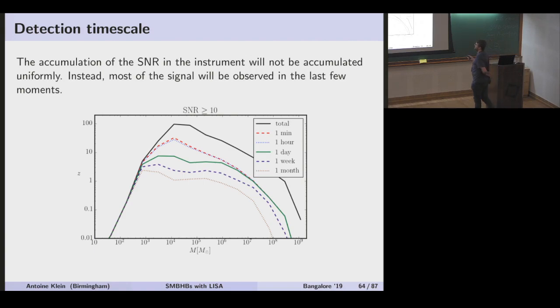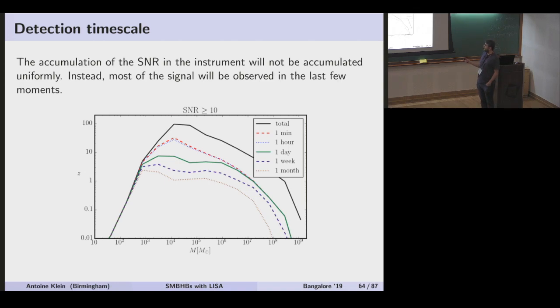And this is what is shown in this plot as a function of the mass. This shows how far away you can detect a signal of a given mass 1 minute before merger, 1 hour, 1 day, 1 week, 1 month. And what you see is that most of your signal here, above, say, 10 to the 4 solar masses, comes from the merger.